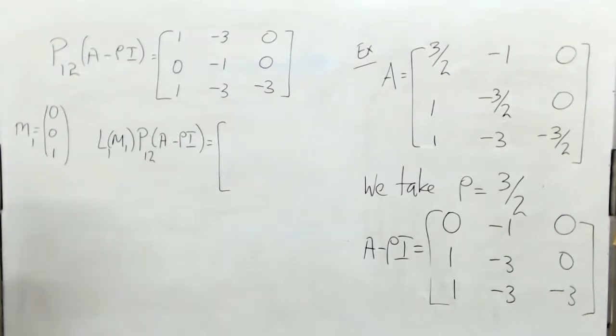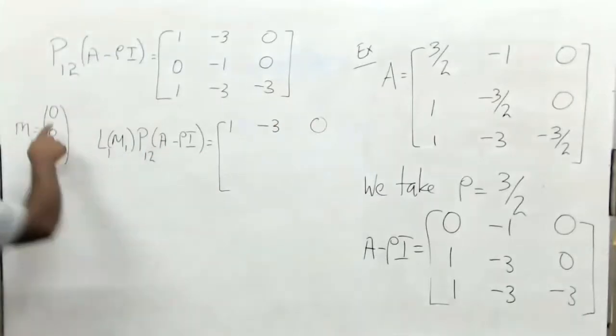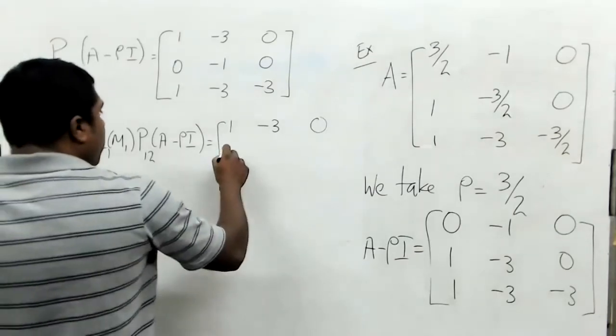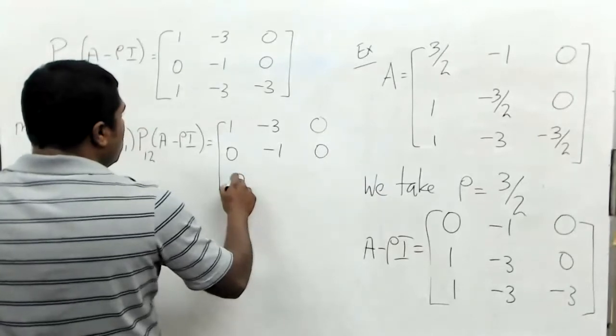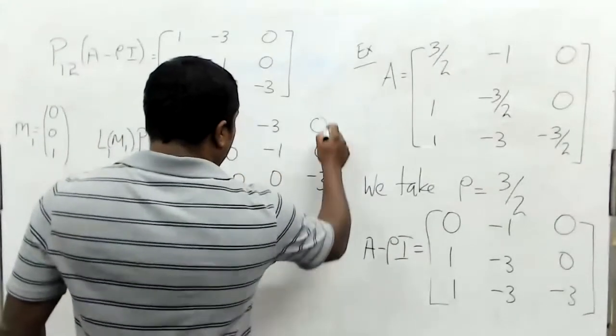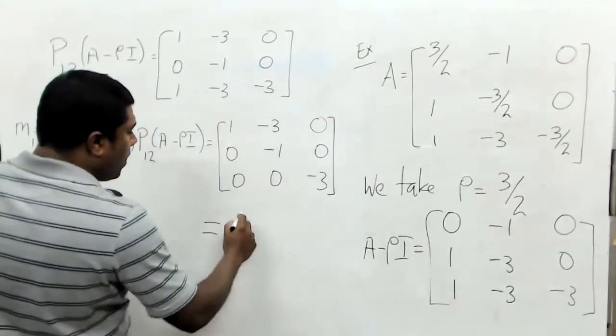The first 2 rows don't change because your M1 is 0, 0, 1, so only the last row is going to be evaluated: 0, 0, minus 3. So fortunately for you, this is already an upper triangular matrix.